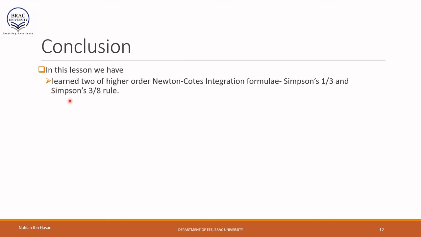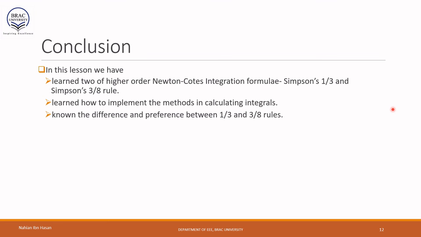We have covered Simpson's 1/3 rule and 3/8 rule, so that we know the basic differences between these two methods, and we have seen that Simpson's rules are more precise than the trapezoidal rule. The trapezoidal rule and Simpson's rules are under the same category: we are just connecting the data points with different orders of polynomials.